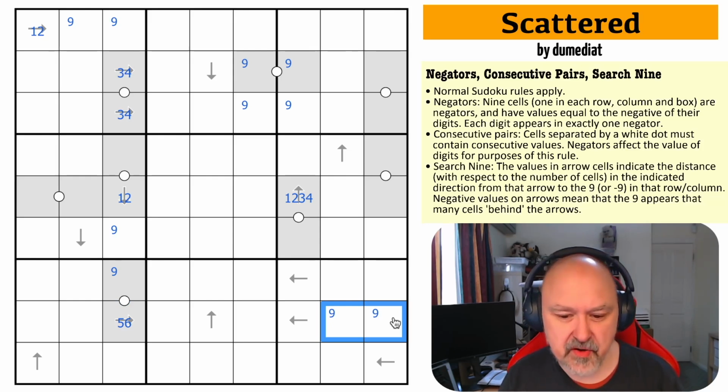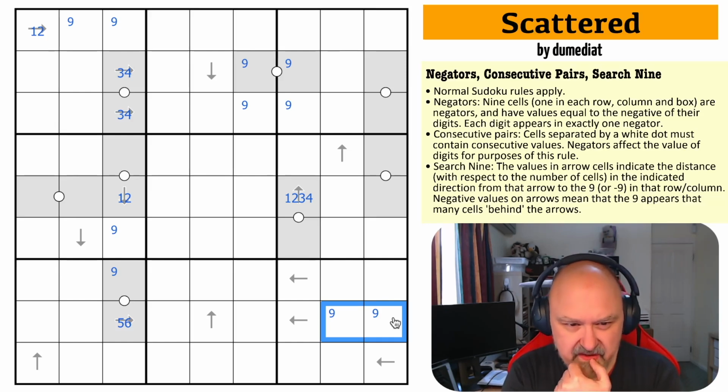I mean, I could never put 9 on an arrow. There's more tricks going on here that I'm not aware of, I think.